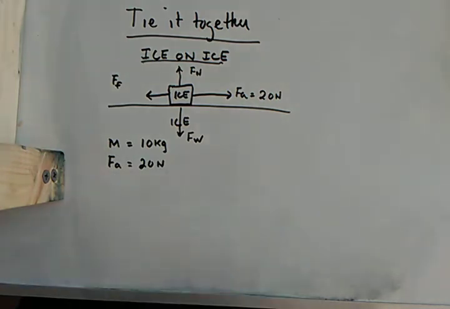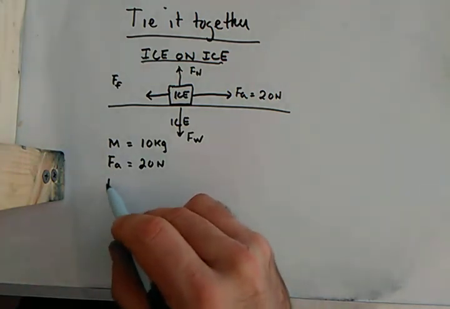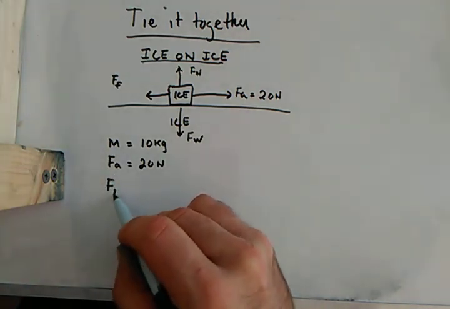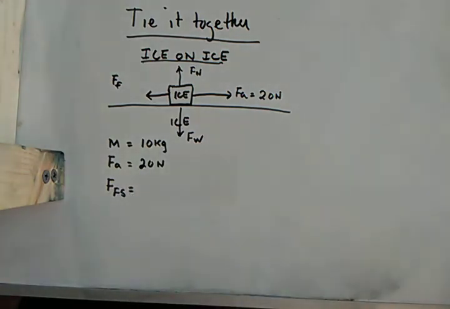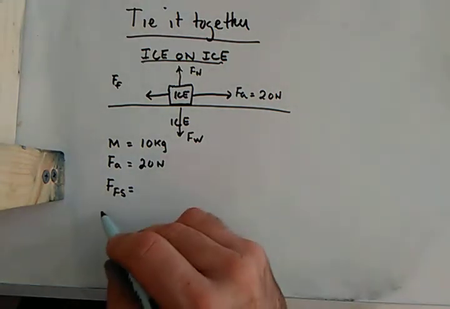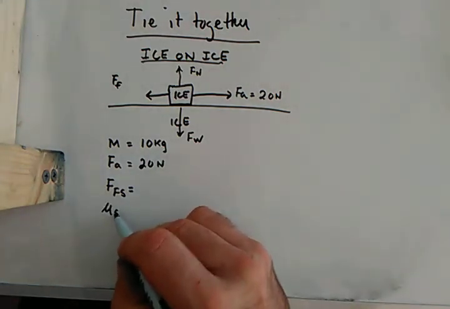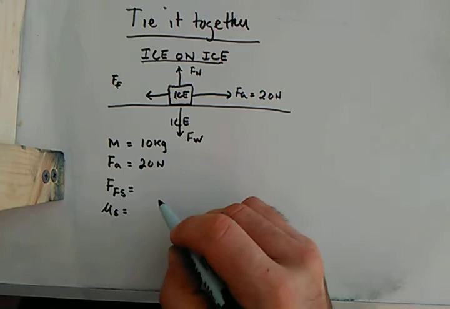What I'd like you to do is to be able to get the force of friction static of the ice if it's not moving. Well, first steps first. Ice isn't moving, it's going to be static. I need to know what the mu value of static on ice is.